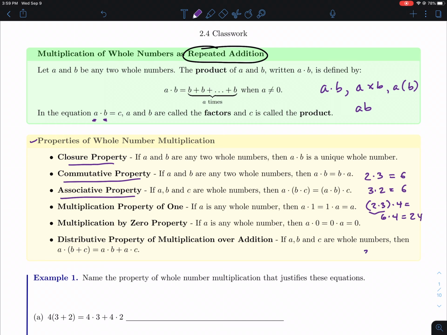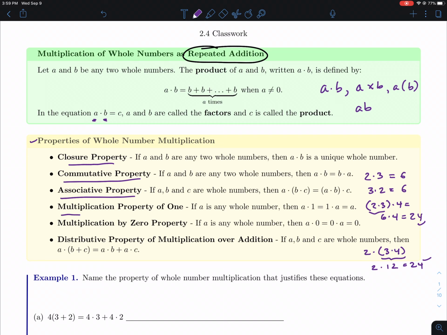Or if I write this with the parentheses around the 3 and the 4, order of operations tells me to multiply the 3 times the 4 to get 12. Then 2 times 12 again gives me 24. So you can move these parentheses around, multiply in different orders, and you'll still get the exact same answer, which is good.